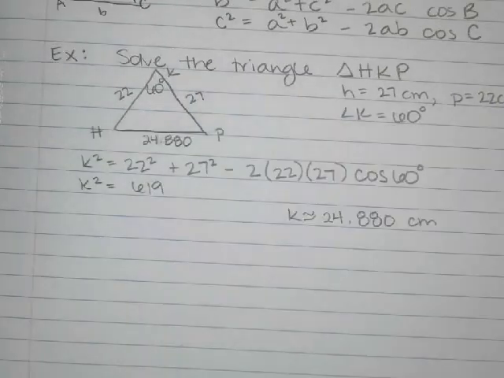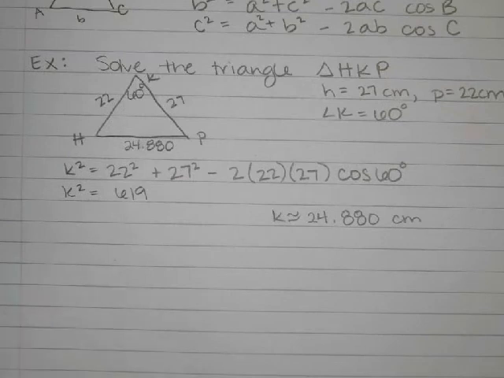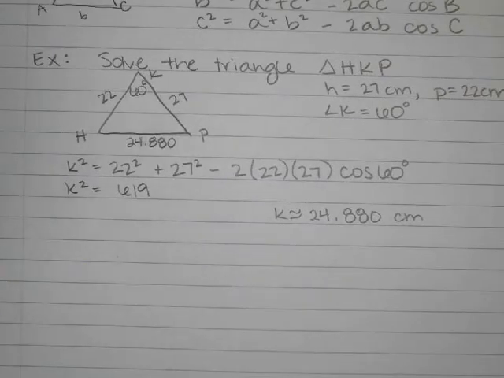All right, so now what I need to do is I need to solve for one of the missing angles. And what we do with law of cosines is when we solve for a missing angle, we always want to go for the biggest angle that we can. And that's how we avoid doing the cosine equivalent of an ambiguous case.